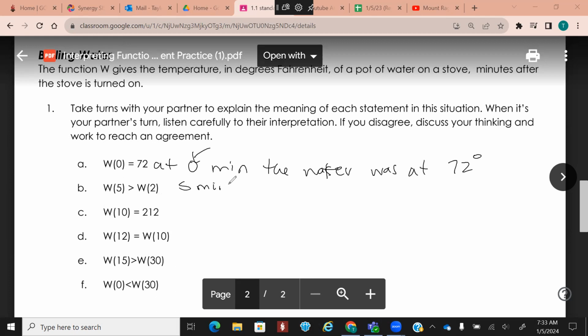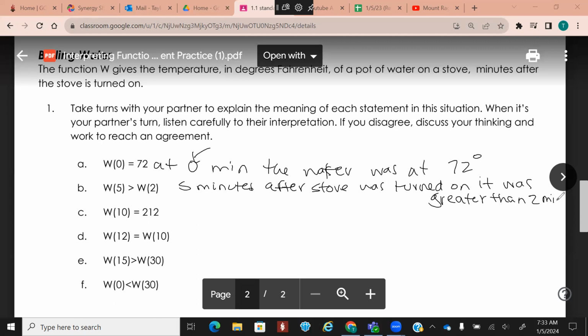So 5 minutes after the stove was turned on, it was greater than 2 minutes on. You could have worded that a little differently, but as long as you were talking about the 5 minutes being greater than the 2 minutes, then you're good. Fantastic. I'm going to skip that one.